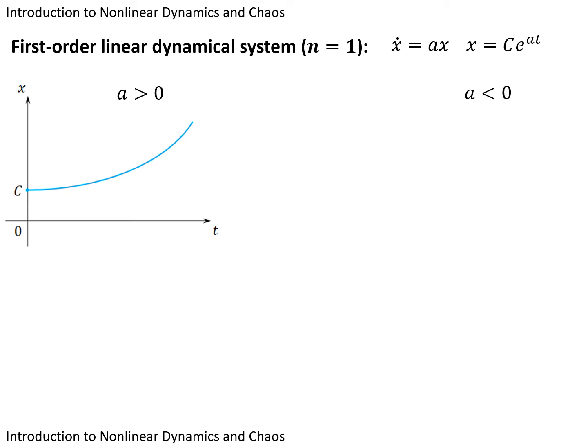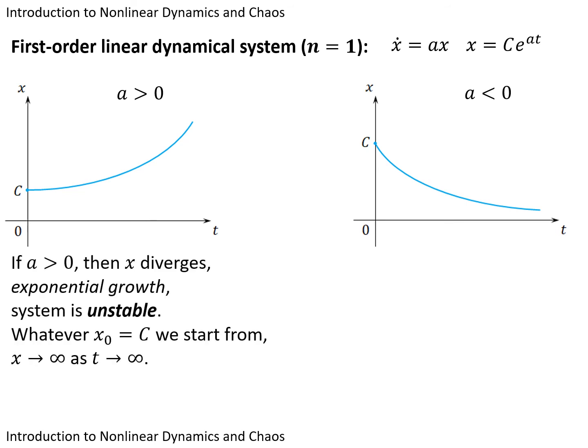If a is negative, then x will decay exponentially. So if a is positive, then our x is diverging and the system is unstable. It means we can start from any initial value of x, and our x will be increasing as t is increasing.